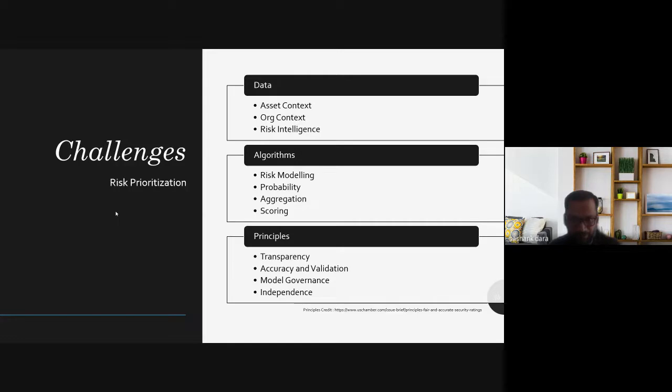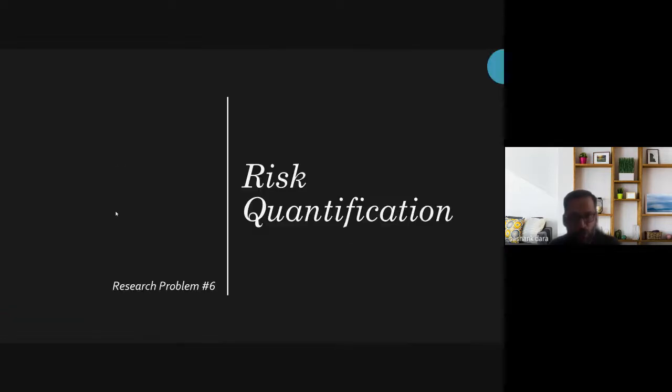Okay. So the next problem is risk quantification. Some of the concrete examples that I showed you in the beginning were an estimate of $10 million or an estimate of 12 hours of downtime, right?